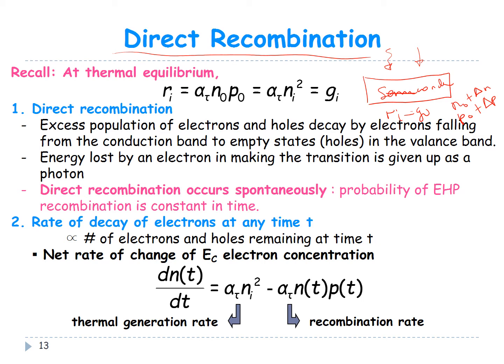So this becomes your new electron concentration and hole concentration. Now, if you remove this light, you will find that the number of electrons is going to decrease.